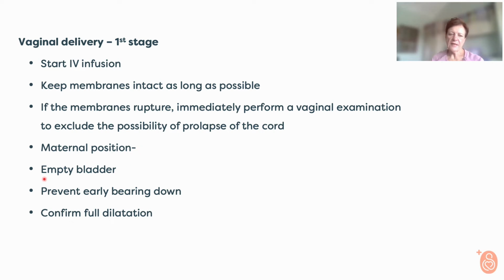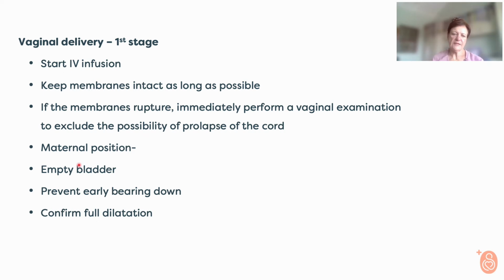An empty bladder is always important in any labor, whether it's a breech presentation or a vertex presentation, because a full bladder causes obstruction. The full bladder sits above the symphysis pubis and means that the head, in the case of a cephalic presentation, can't engage, and the same in the breech presentation.